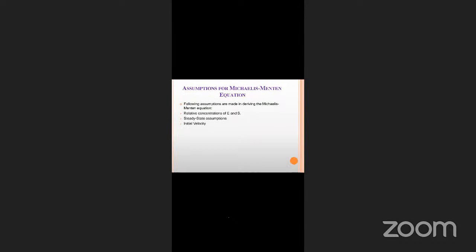This equation is called the Michaelis-Menten equation, and it mainly explains the relation between the substrate and the reaction. Here you can see how the relation looks. Our assumption is that if we increase substrate concentration, the rate of reaction increases. That is true to some extent.